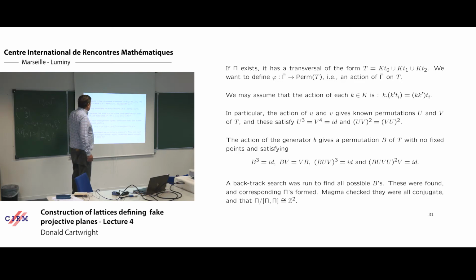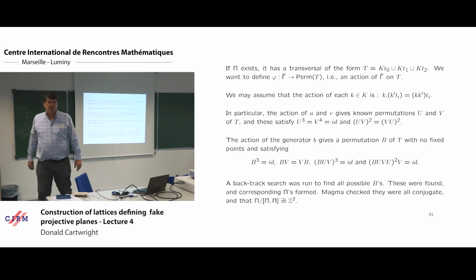We know we can arrange that the action of an element of K is just the obvious one, so all it is a matter of doing is finding what the action of the element little b is. So B has to be a permutation of this set of size 864, and it's got to have all these properties here.